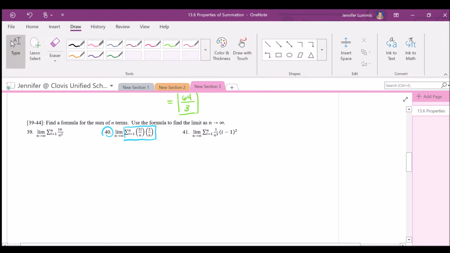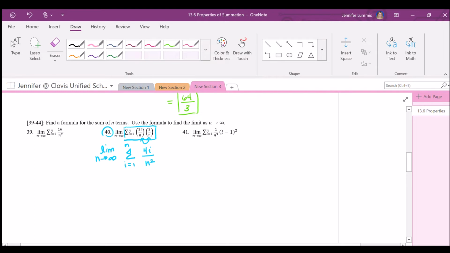So what I'm going to do is start with multiplying these 2 things in here together. I want to continue to bring down my limit for my sum from 1 to n. We'll multiply the 2 things together and get 4i over n squared.